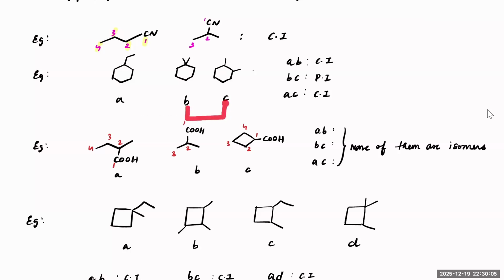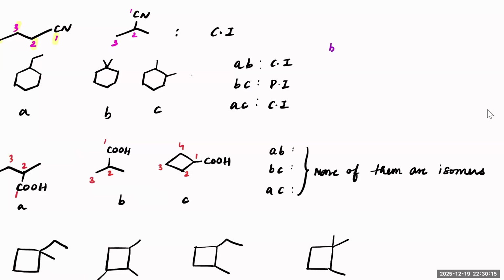But if you notice B and C, everything is the same name wise. If you compare B, what is the IUPAC name for B? It is 1,1-dimethylcyclohexane. And if you compare C, it is 1,2.